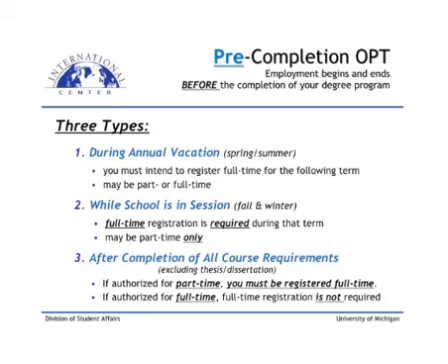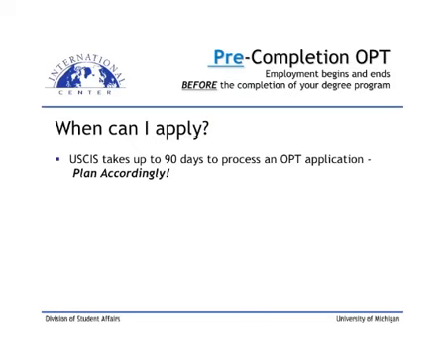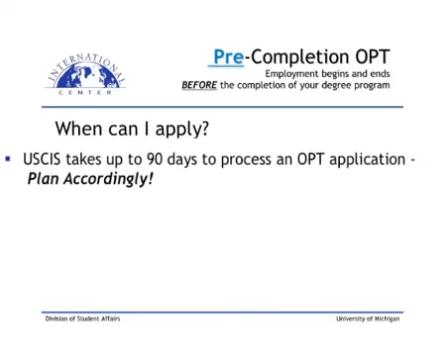So, if you want to apply for either pre-completion or post-completion OPT, it's very important to know that USCIS may take up to 90 days to process this application, so please plan accordingly. We will help you with the application timeline later in this section. There are, however, limitations to how early you can submit this application to allow for this processing time.